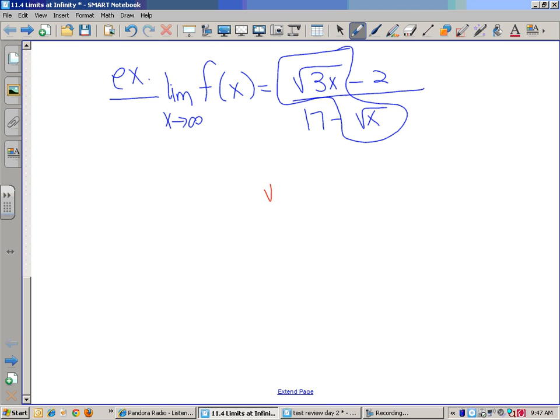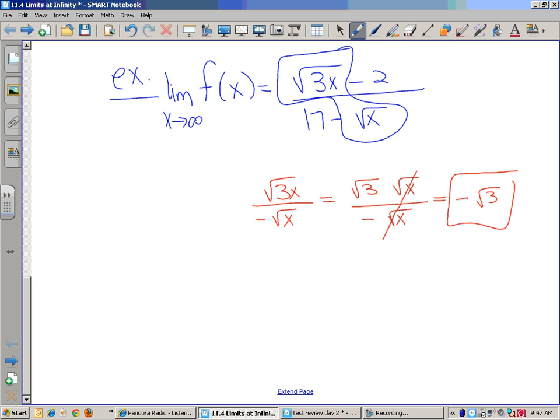And we want to say, well, this is really just the square root of 3x over negative square root of x. And I want to split this up to the square root of 3, the square root of x, over negative square root of x. And those go away. So this is really just negative root 3. So the limit as x approaches infinity of this function is really just negative root 3.